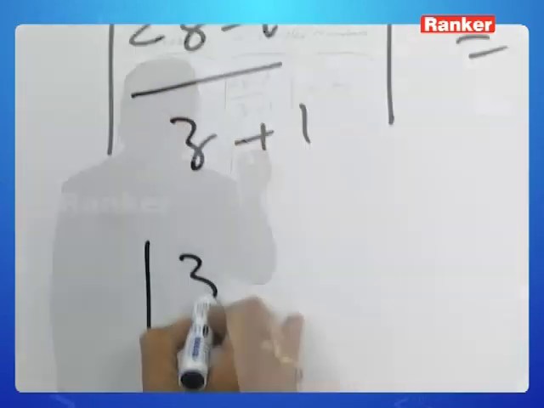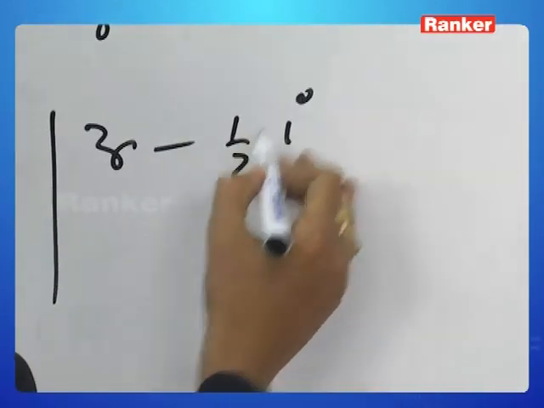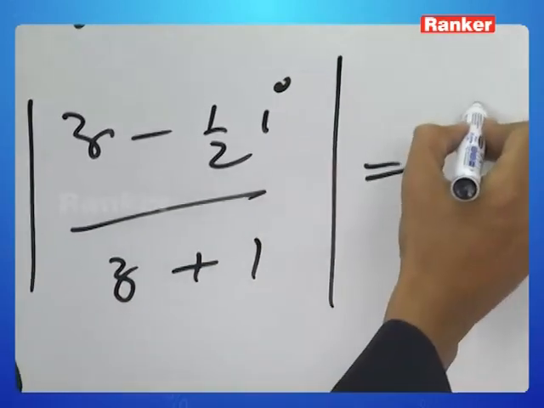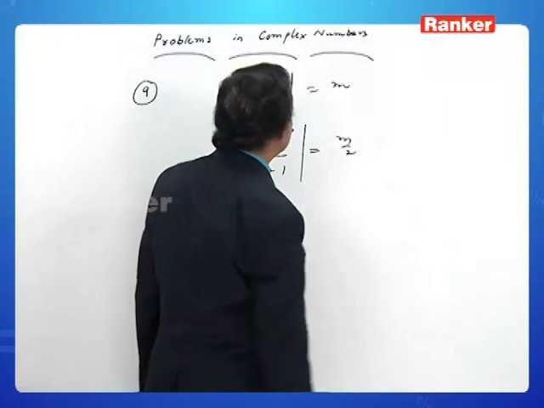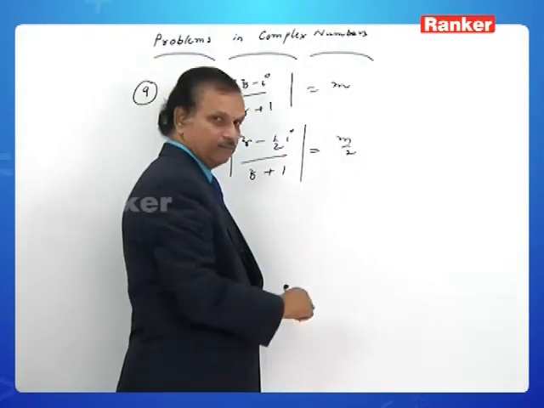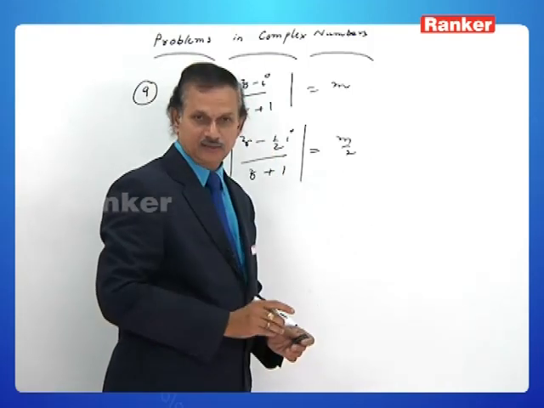It can become modulus of (Z minus half i) by (Z plus 1) is equal to M by 2. I have divided both the sides, but not numerator and denominator.